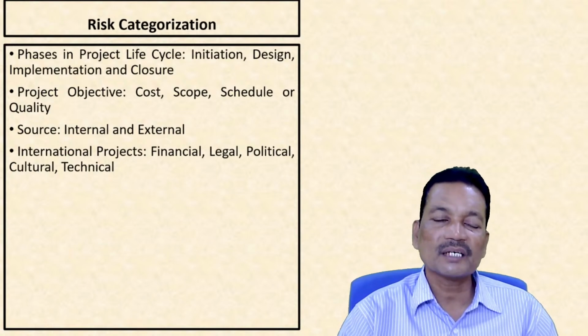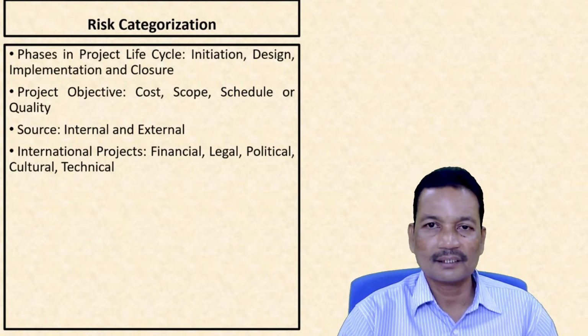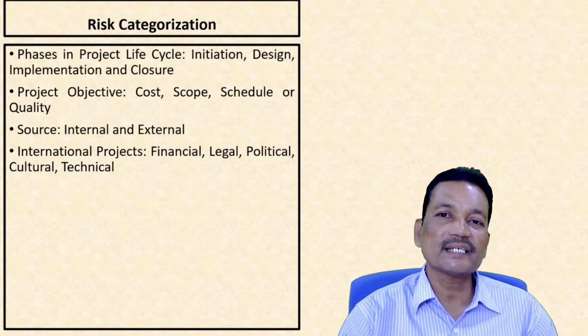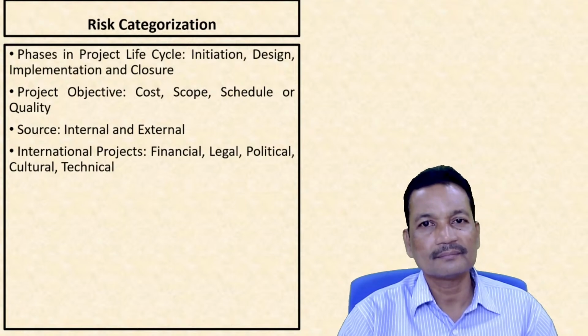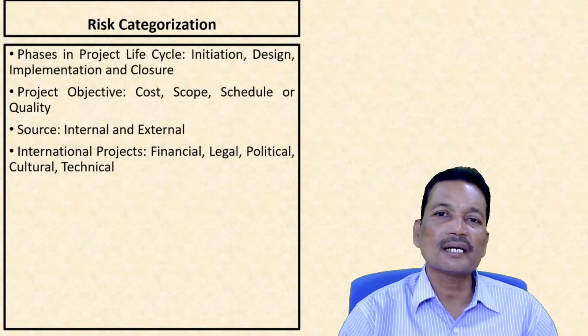In other words, sometimes we also call it unsystematic risk. That means it is a project specific risk. Similarly, we can also have external risk.